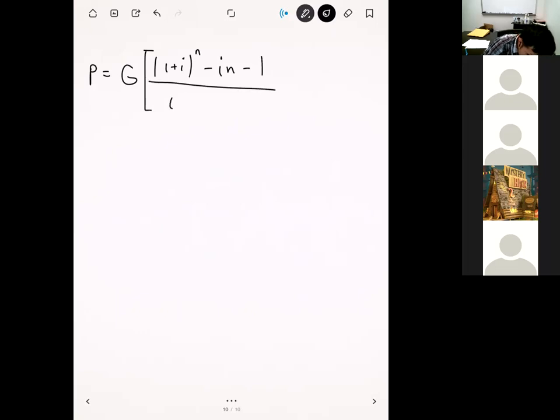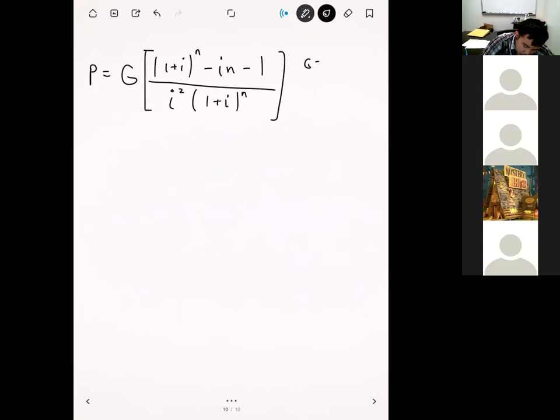I'm going to use one of the formulas on the previous page of the previous page. And so this is going to relate P and G. As we said, P is equal to G times (1 plus I)^n minus I n minus 1, divided by I squared times (1 plus I)^n.